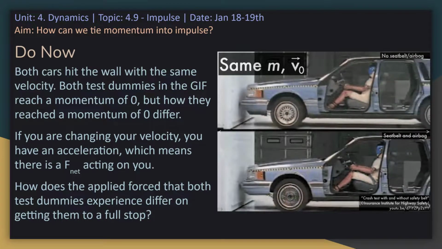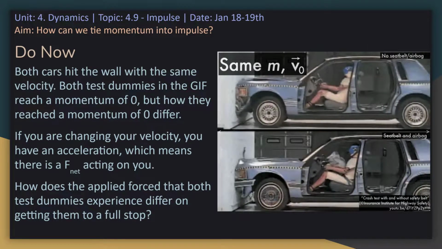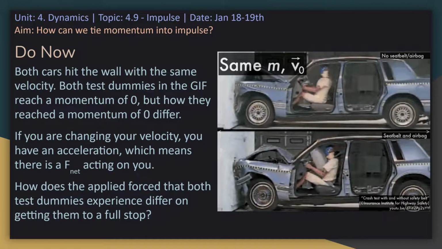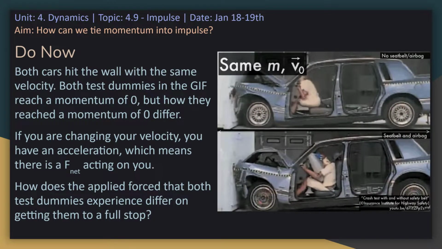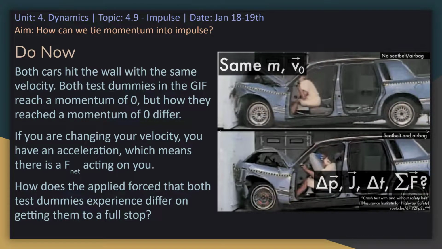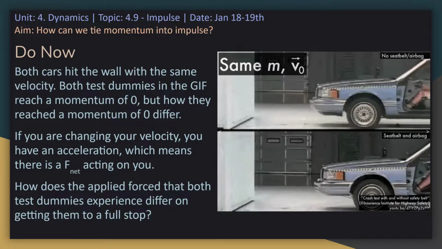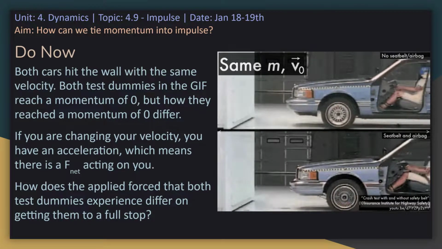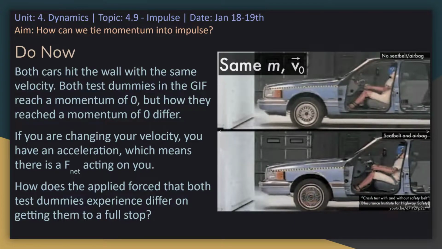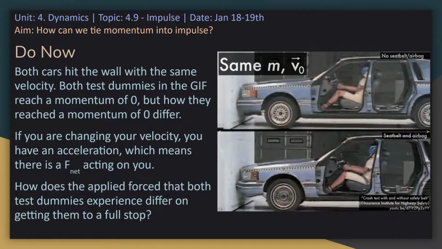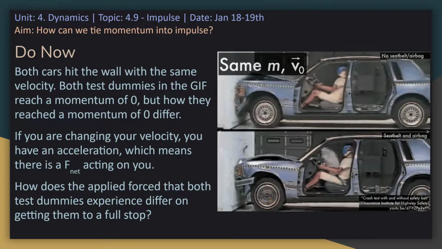So if you are changing your velocity, you have an acceleration, which means that there is a force acting on you. But how does the applied force that acts on these test dummies differ? In both situations, you're coming to a stop.